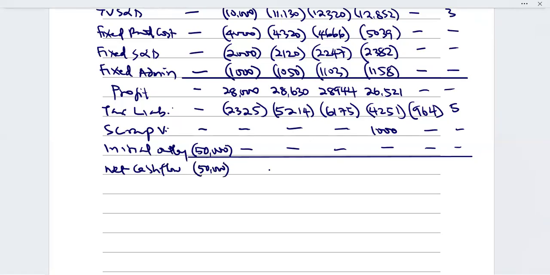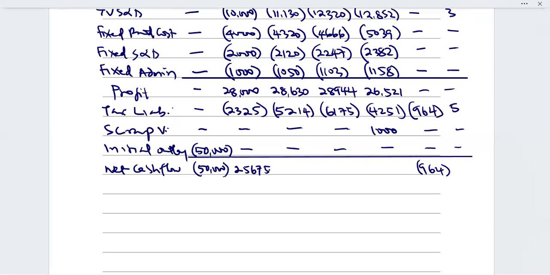Give me the net cash flow. Year 0 is 50,000. Year 1 is what? 28,000 minus 2325.